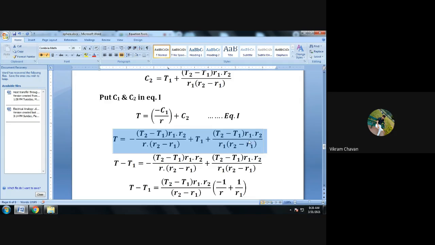Now further, we have shifted this T1 to the other side. If you shift this T1 to the other side, plus T1 will become minus T1.